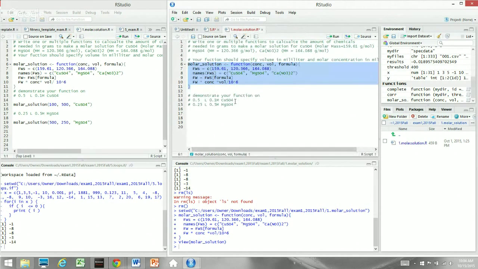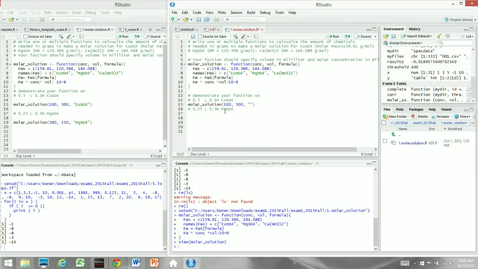And then I'm going to make sure that it works in my given example. So for molar_solution, here it is. I have to be careful here because I asked for things in millimolar and milliliter. Because the function is listed in concentration, volume, formula, I have to make sure it's in the proper order too. So 0.1 mole is equal to 100 millimole, and 0.5 liter equals 500 milliliters.